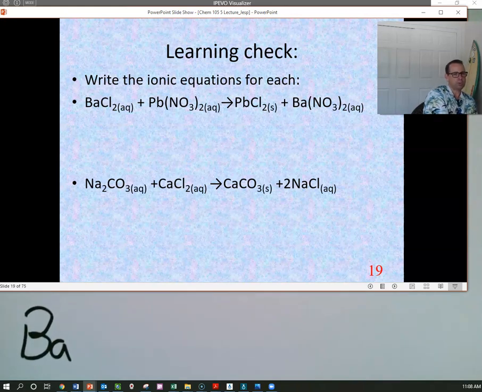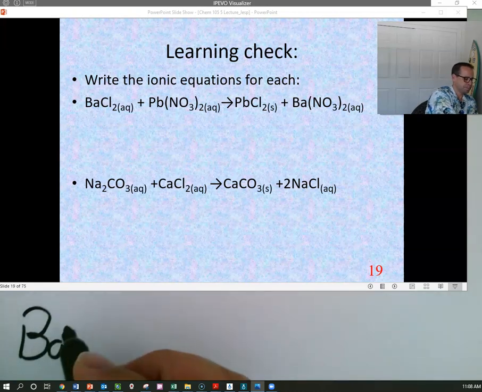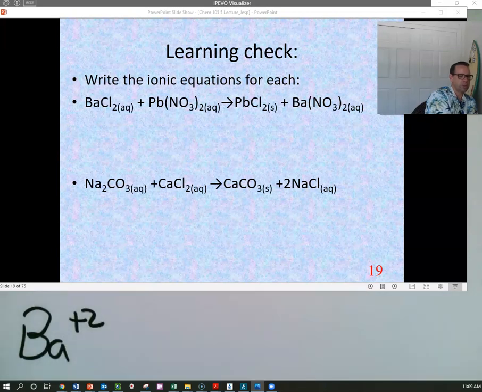What's barium going to form? What's the charge on it though? It's element 56. Positive 2. Very good.